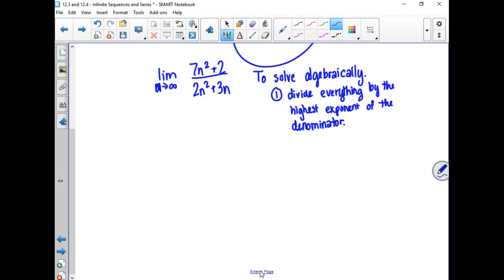So what is the highest exponent we see in the denominator? The n squared, right? So we're going to divide everything by n squared. Everything in top and bottom we divide by n squared.